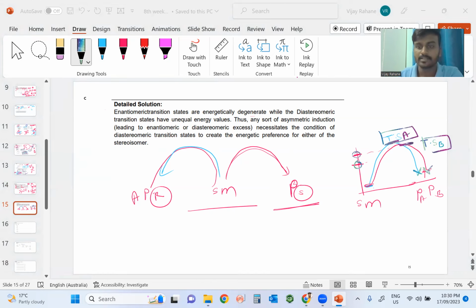See, to convert a starting material to any product, it needs some sort of activation energy. And the activation energy stands for the energy difference between the starting material and the transition state, this energy difference. And you can clearly see there is some energy difference present here, right? So in this case, what happened?